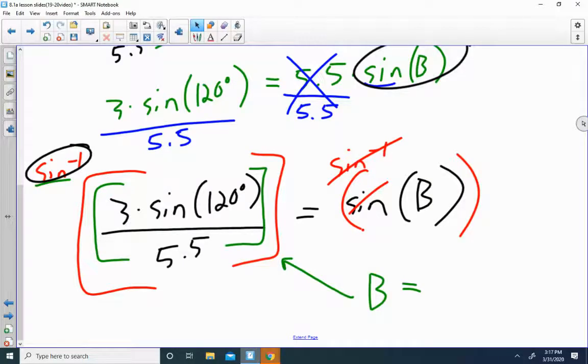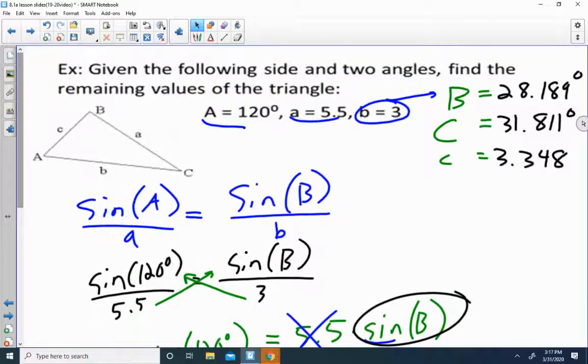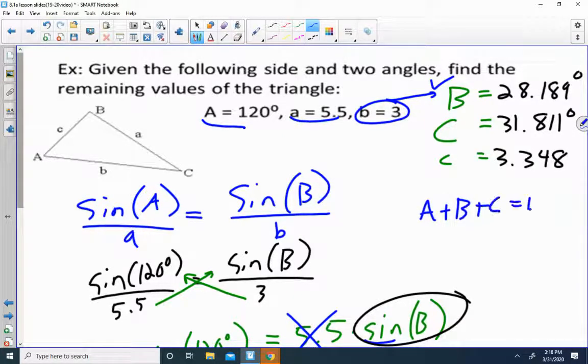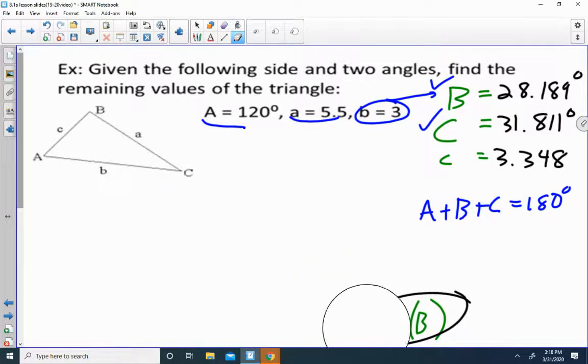All right, so now you got your big B, which, as you see, checks out. To find the big C, you again can do A plus B plus C equals 180 and go from there, and that's how you get the big C. And now to find the little c, you'll use the law of sines again.